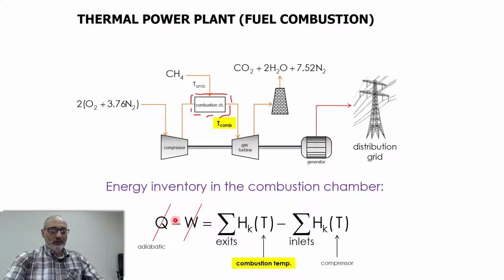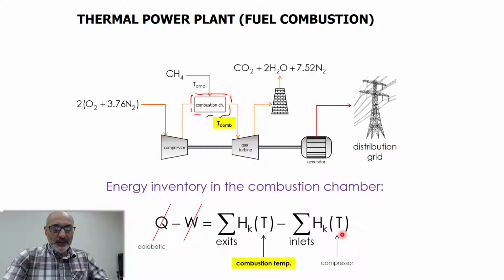So you can assume that this combustion chamber is adiabatic. You're not losing heat through the walls. This can be by construction; you add insulation. There's no work either, so you only have to account for these quantities here.